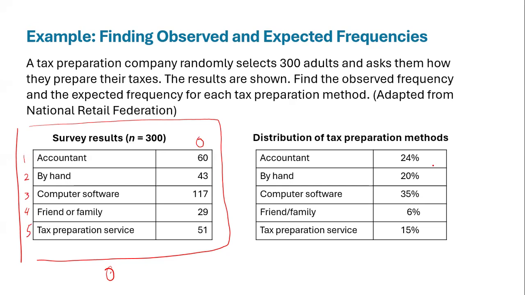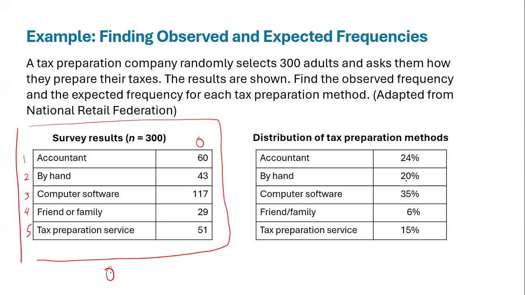In the past studies, we know that 24% of people use an accountant, 20% do it by hand, 35% use computer software, 6% got help from friends or family, and 15% of them use tax preparation services. These are the results from the previous studies. And each of these percentages is the probability for each category.